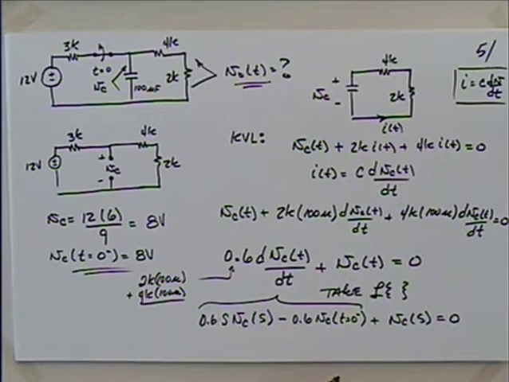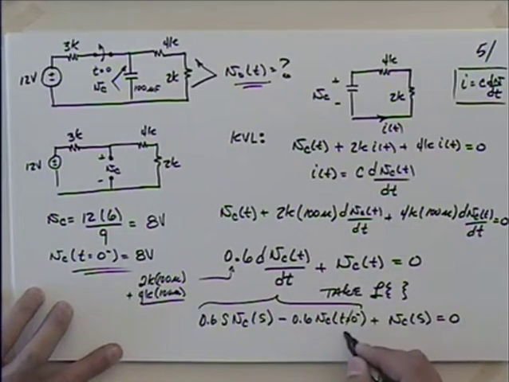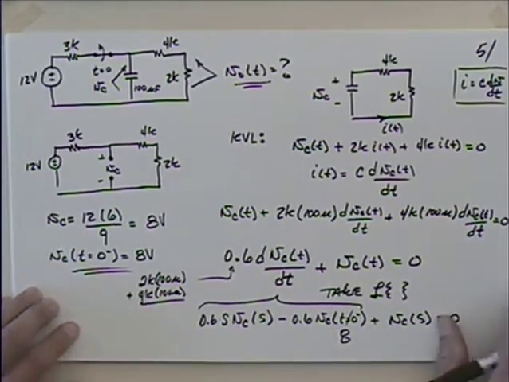And let's see, what do we have on this? This actually turned out to be 8, didn't it? So we've got 8 there.